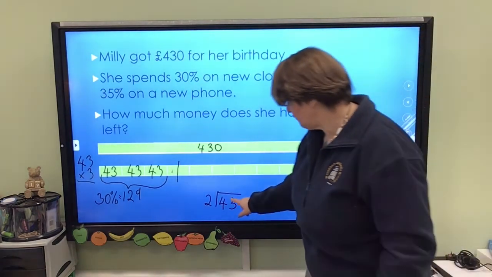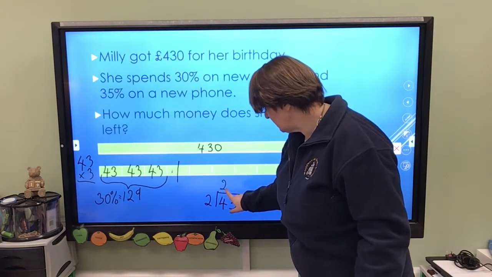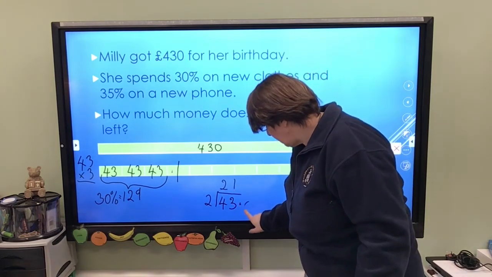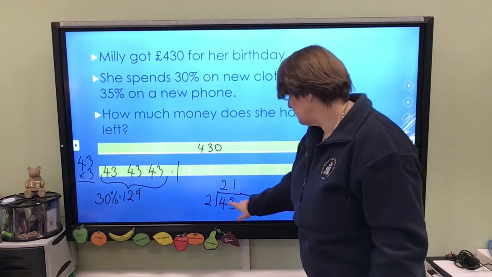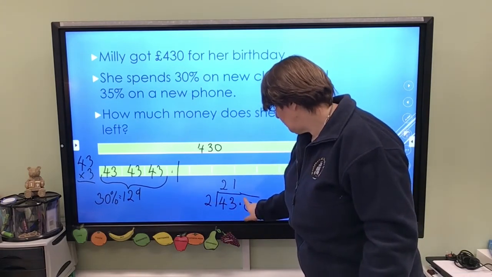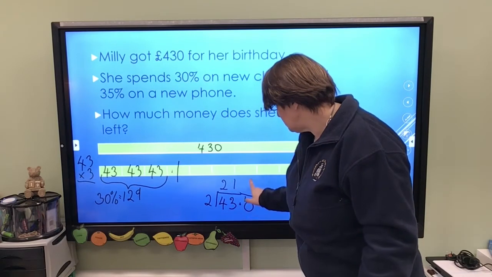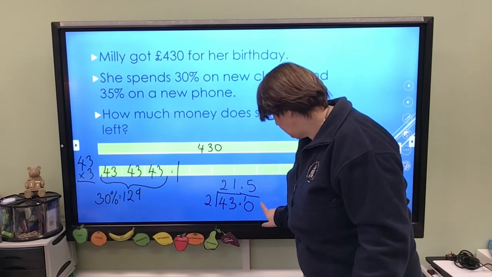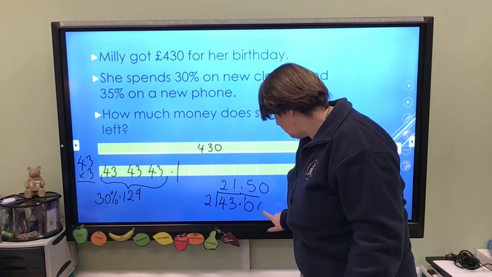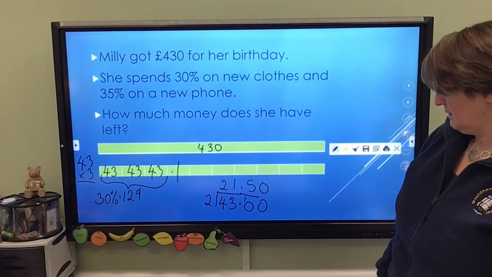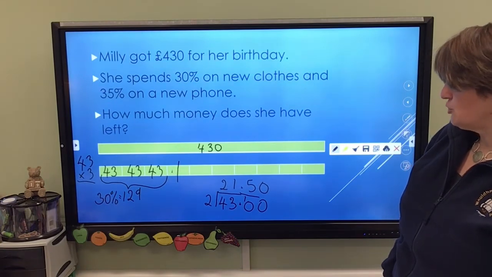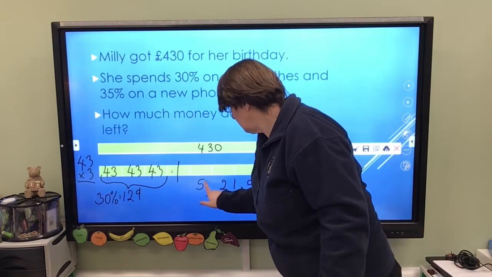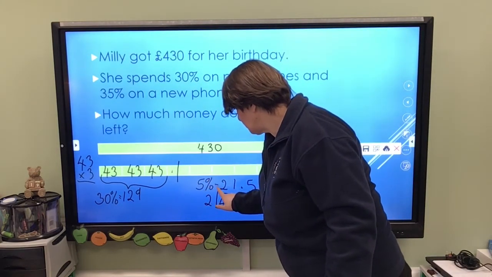So 2's into 4 go twice. 2's into 3 go once. And I've got to go into decimals. So 2 into, I've got 1 carried over. 2's into 10, sorry, 2's into 5 go 5. So I can actually make it 21.50. So 21.50 is 5%. 5% equals 21.50.